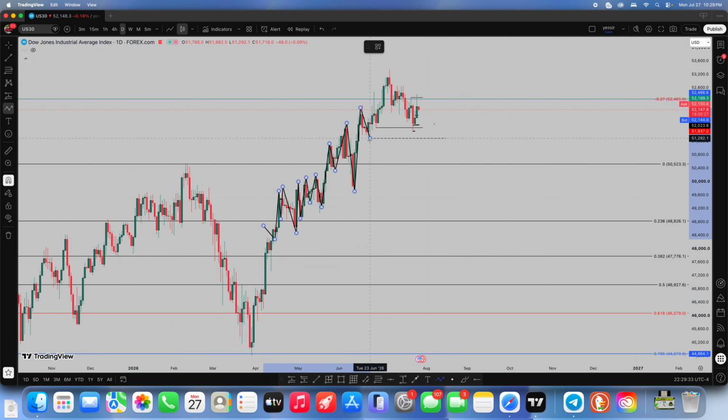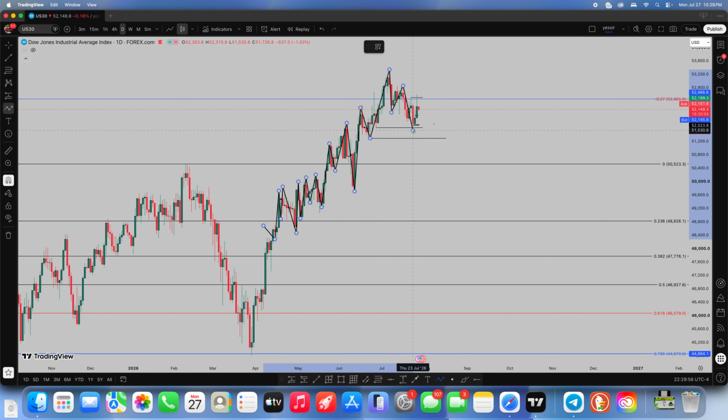Then we got this low right here, high, low, high, negative 27. Along with the 61.8 on a daily, if I'm not mistaken. I have to draw the fib and show you. But from this high to low, pull back, this is a 61.80.